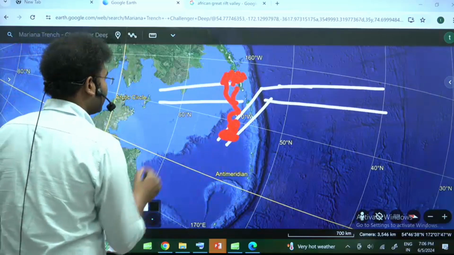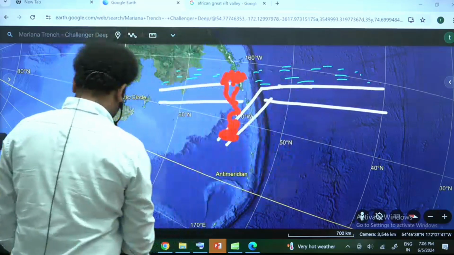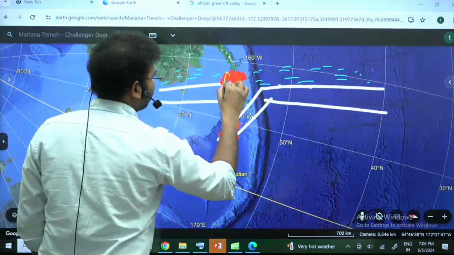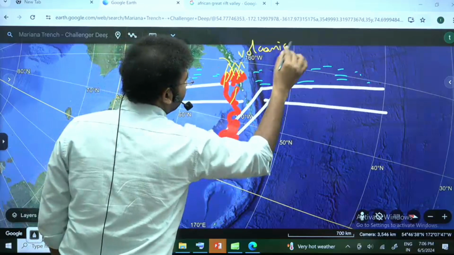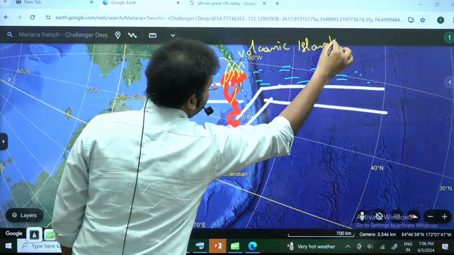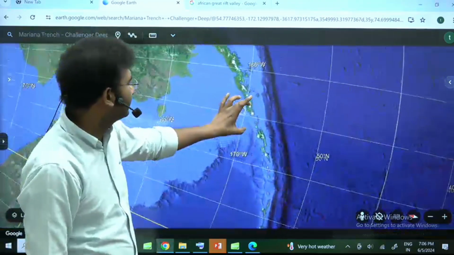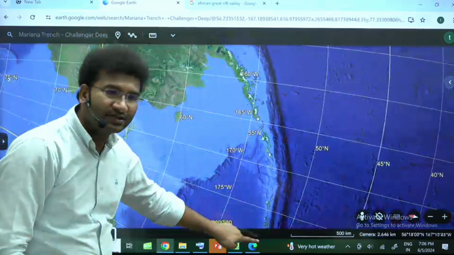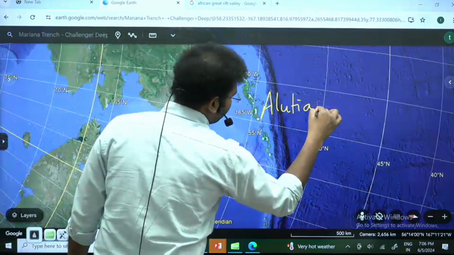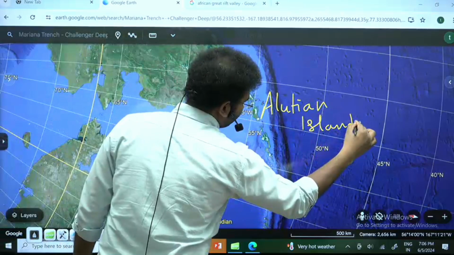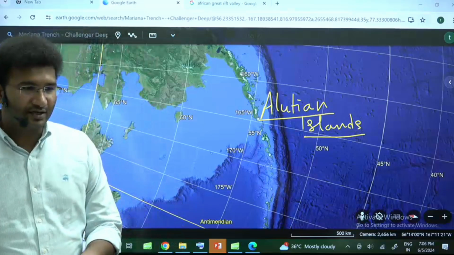If suppose this ocean is there and these mountains, they are rising above the ocean. These are volcanic islands. Okay, group of islands they can be. Now these volcanic group of islands, all the chain you should get to see, they are called as Aleutian Islands. ठीक है? Aleutian Islands.